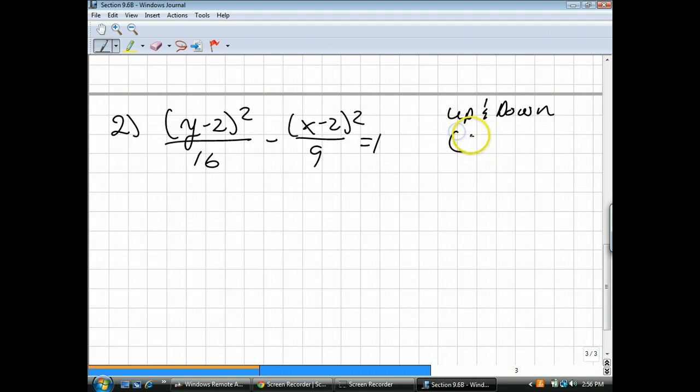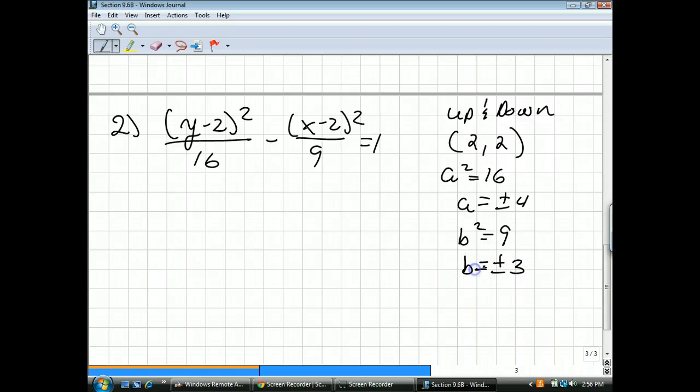We know that the center is at (2, 2). We know that our a squared is 16, so a is plus or minus 4. Our b squared is 9. So b equals plus or minus 3.